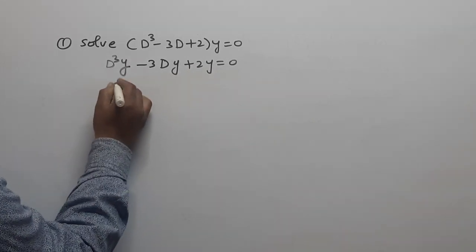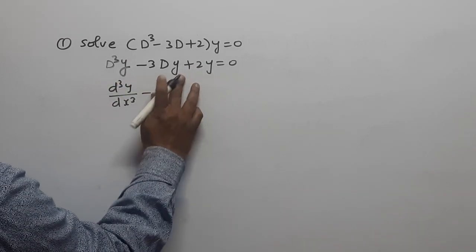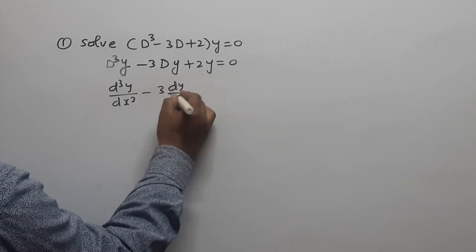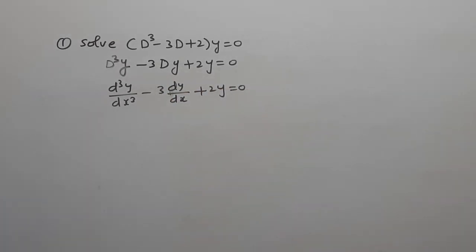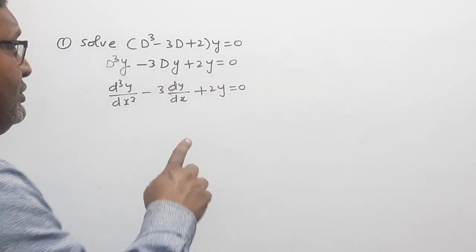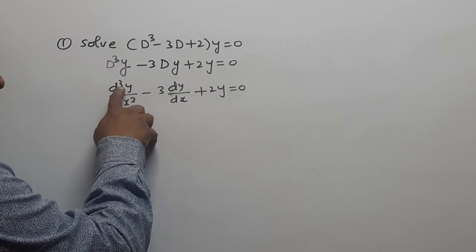And this can also be written as d cube y by dx cube minus 3 dy upon dx plus 2y equal to 0. You can see this is a linear differential equation with constant coefficients, and this is of third order.